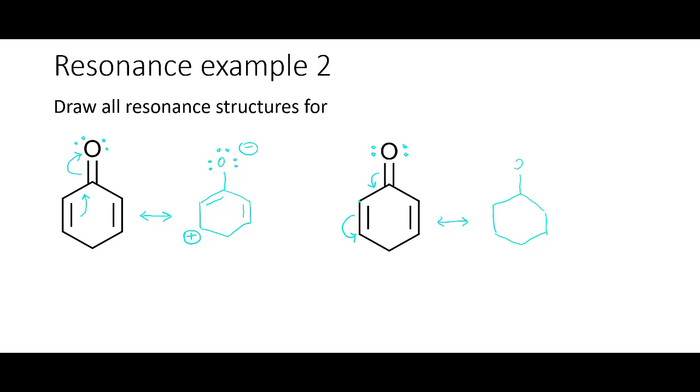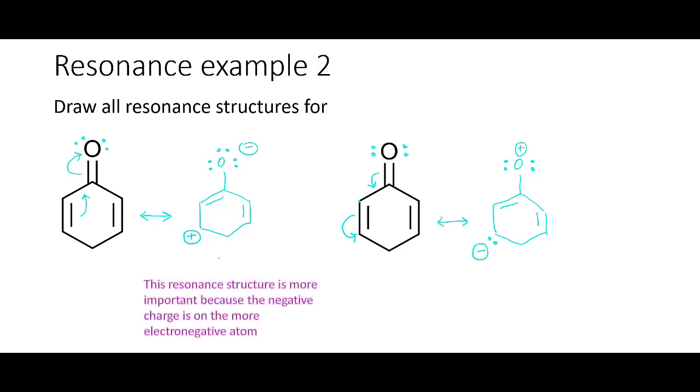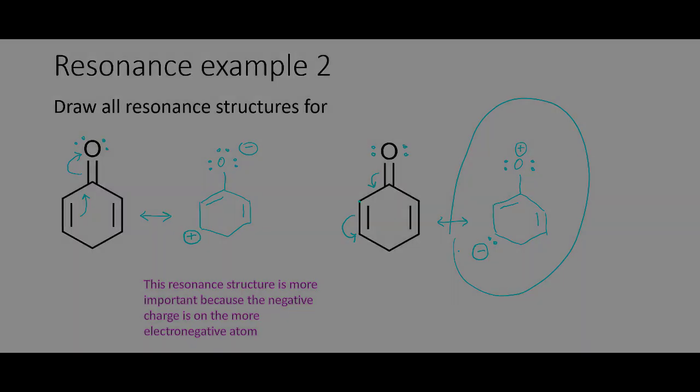When we do that, we leave the oxygen with a positive charge, and we create a lone pair and a negative charge on the carbon. Given what we know about electronegativities, the first resonance scenario is more likely because the more electronegative atom has the negative charge. So out of all of these resonance structures, this structure here likely contributes the least to the overall resonance hybrid of this molecule.